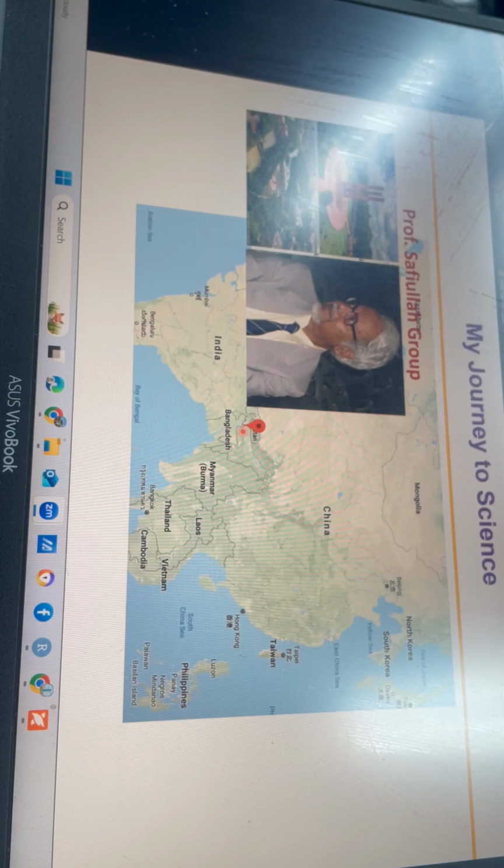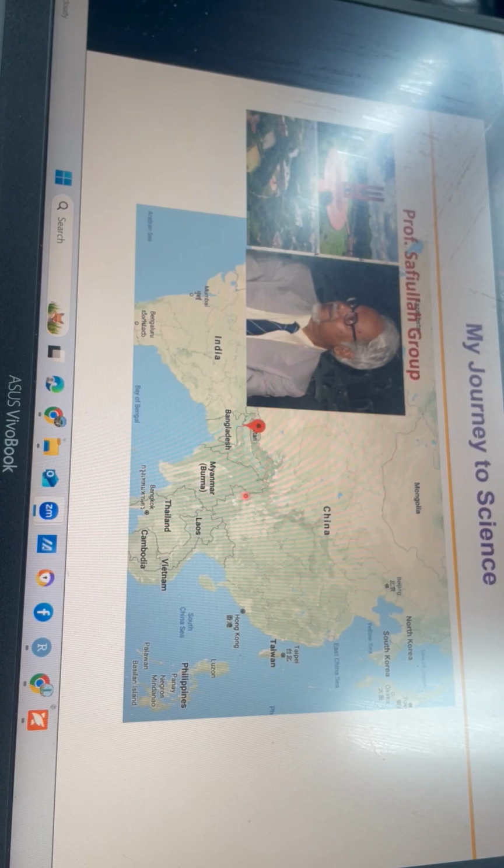So I was born there, and I started my elementary or primary school there in my village. When I was born there was no electricity in my village, so it was very remote and isolated, and very far from big cities like Kurigram and Rangpur. Actually, at that time Rangpur was the most famous city.